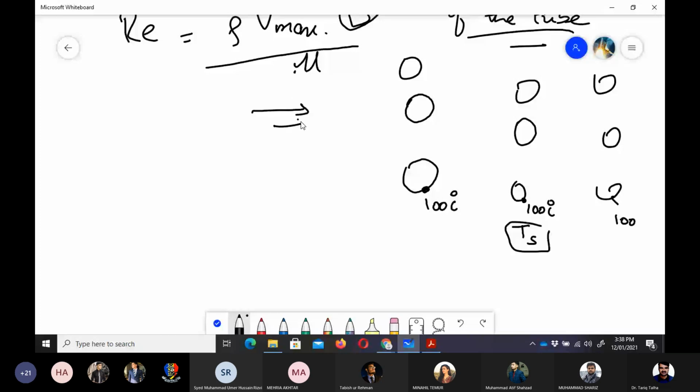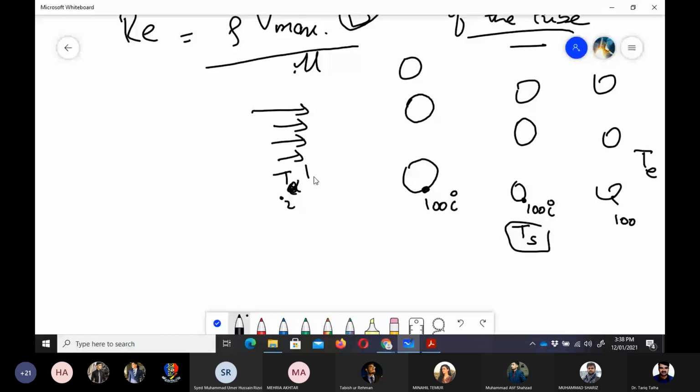The air, the fluid which is coming in here, is at T infinity, or we call it Ti, because it is the inlet temperature. After the tube exit, it would have Te. Let's say Ti is 10 degrees.